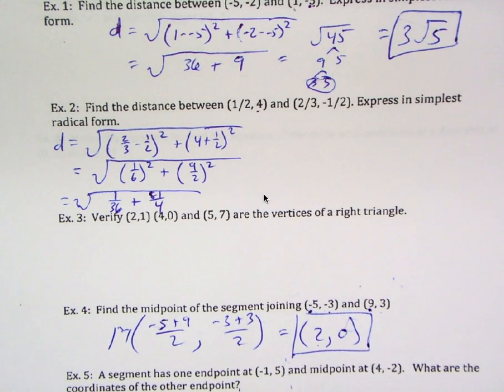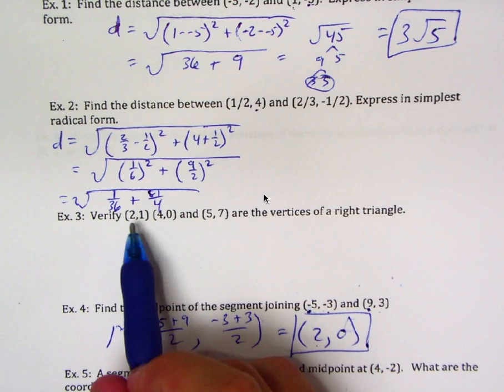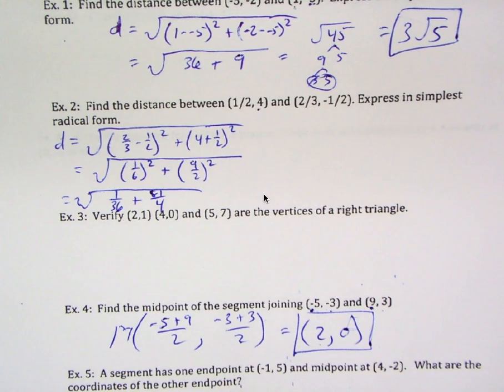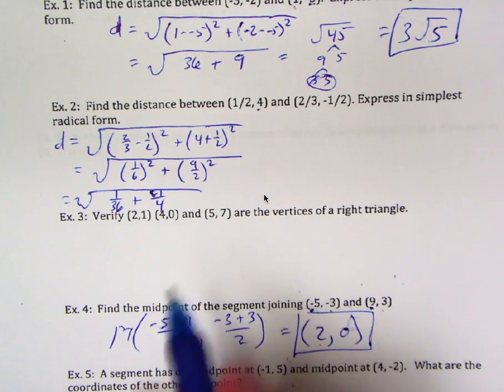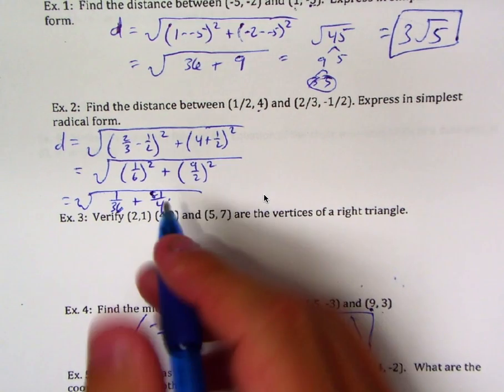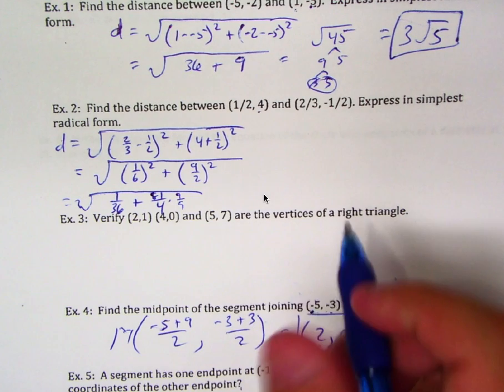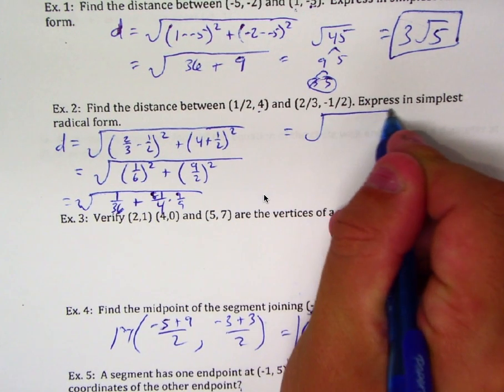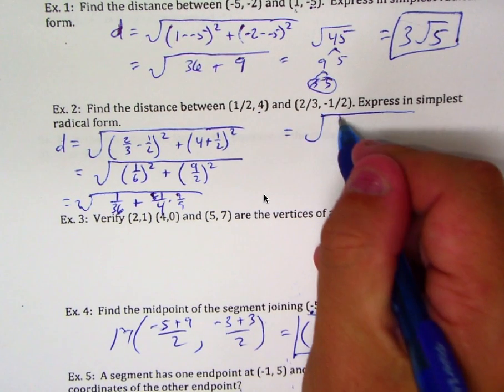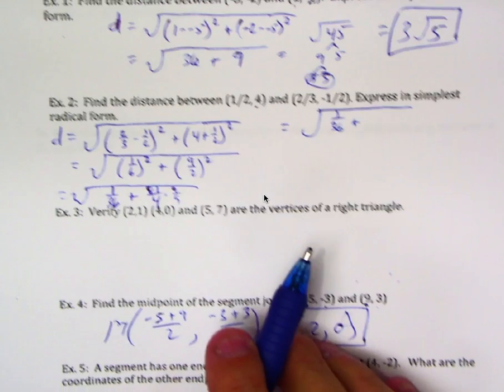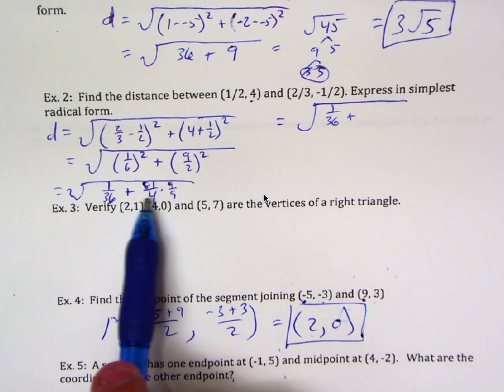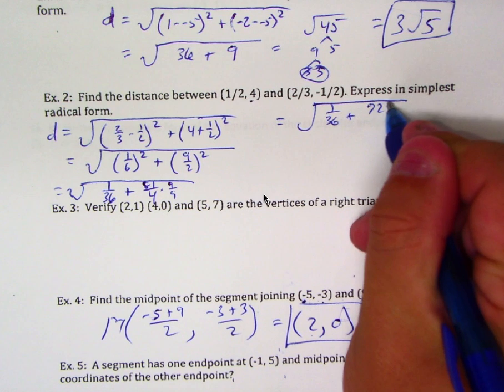So we're getting somewhere. And now we need to add these two things together. So we need common denominators. We can turn 4 into 36. Let's multiply this by 9 over 9. Okay, so we have 1 over 36 plus, well, this is going to be 729 over 36.